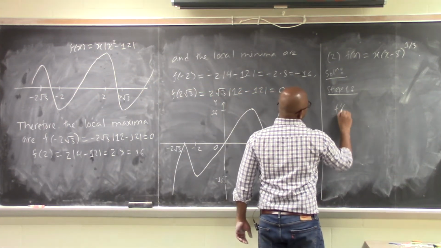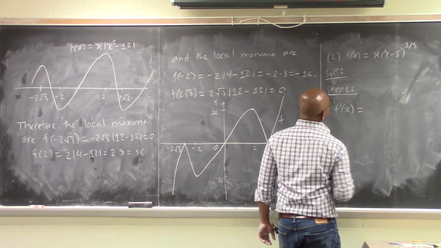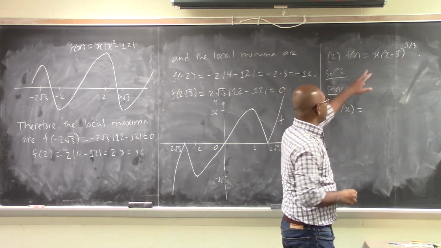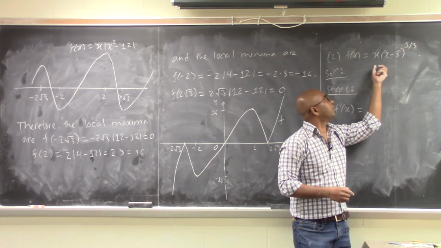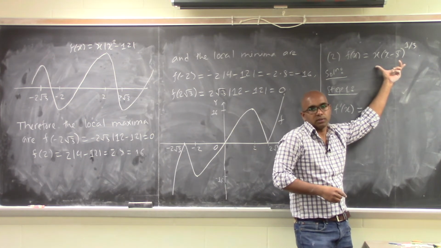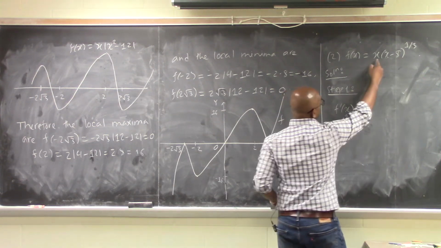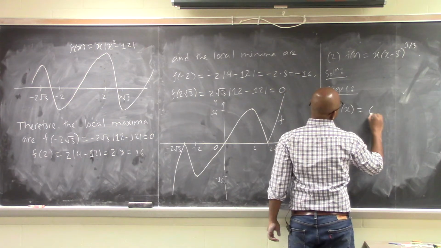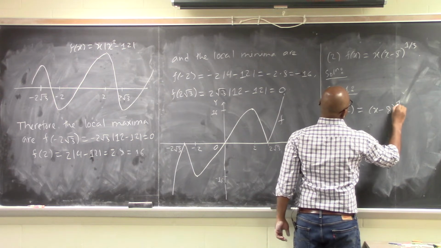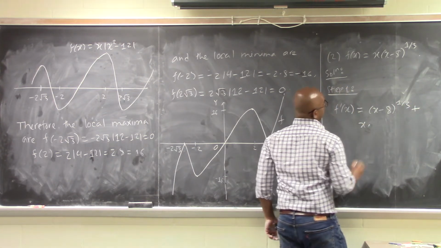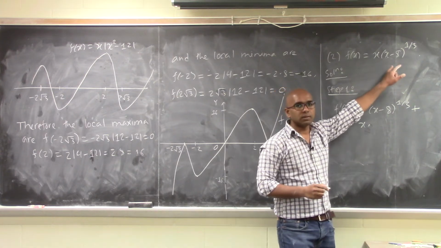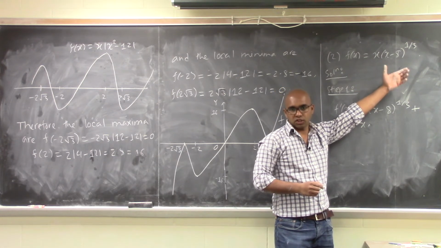So f prime of x is going to be what? What rule should you apply here? You have product of two things, right? A product rule, okay? So first we differentiate x, which is 1, so (x minus 8) raised to the power 1/3 plus, now we keep our x fixed, so x times the derivative of (x minus 8) raised to the power 1/3, right?